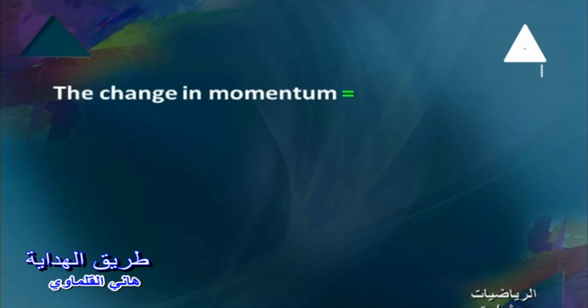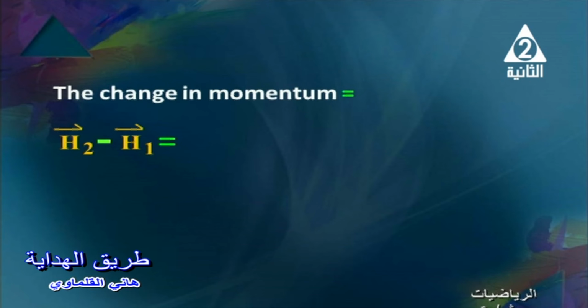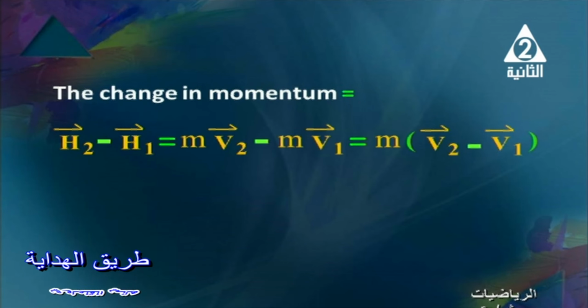The change in momentum equals vector h2 minus vector h1. Vector h2 is the momentum of a particle at an instant, minus vector h1, the vector of momentum at a previous moment. So vector h2 minus vector h1 equals m vector v2 minus m vector v1.